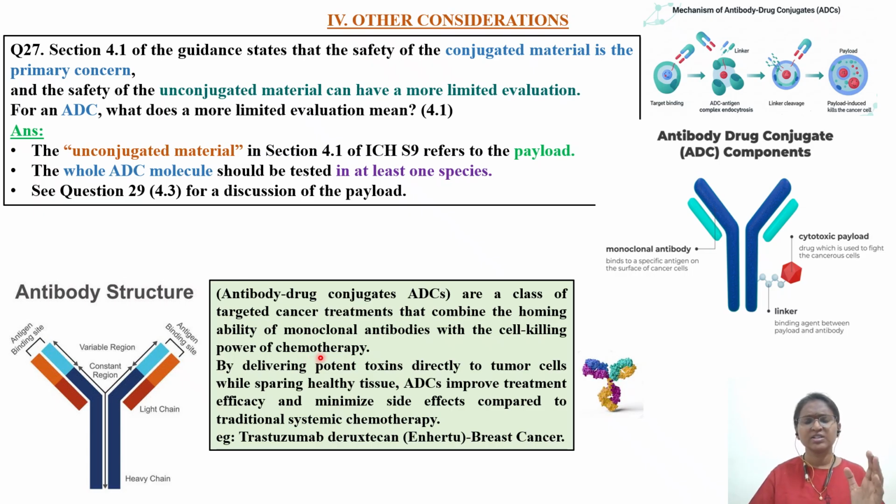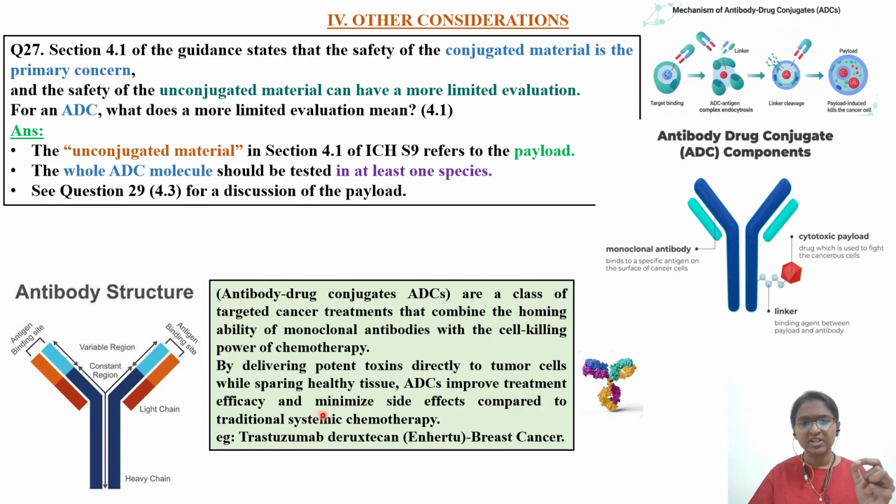Basically, in simple language, targeted therapy means this is the cancer cell, your ADC will enter into these tumor cells and cause lysis. It causes the death of these tumor cells without affecting the adjacent healthy cells, by delivering potent toxins directly to the tumor cells while sparing healthy tissue.